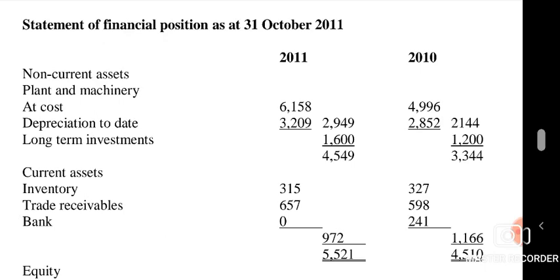Then trade receivables, 598 to 657. What does that mean? Receivables have gone up. Your debtors have increased, in short, people who owe you money. If people who owe you money have increased, it's actually a deduction in your cash. Why?